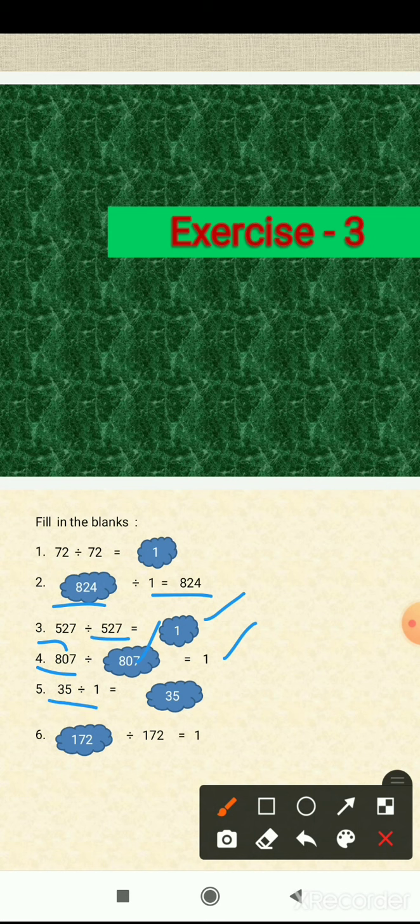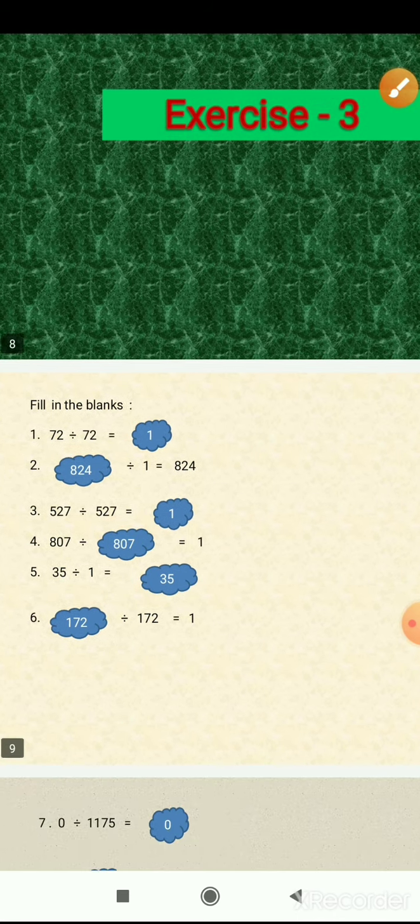When we divide any number by 1, the quotient is that number itself. So here the answer will be 35. In the next example, divisor 172 is given and quotient 1 is given. So here the answer will be 172.